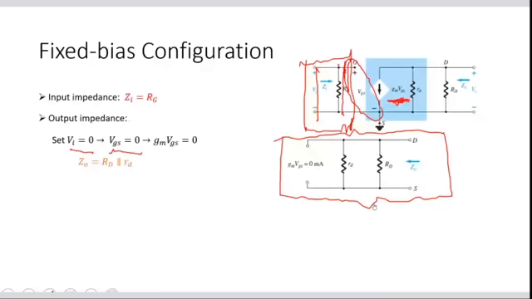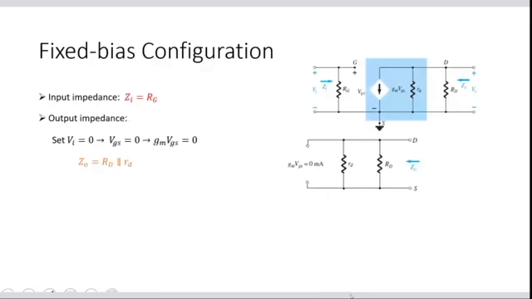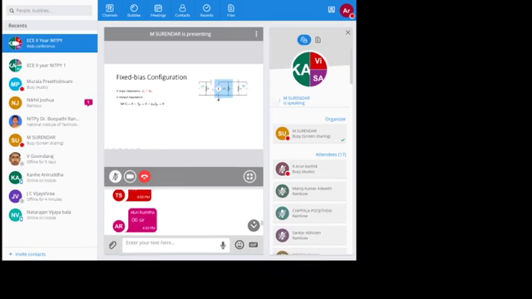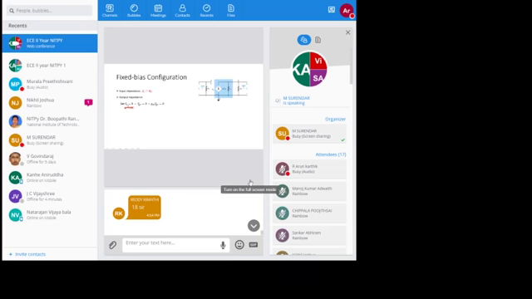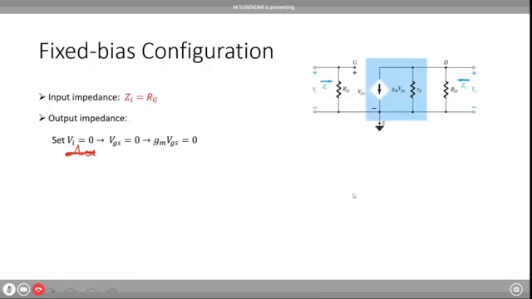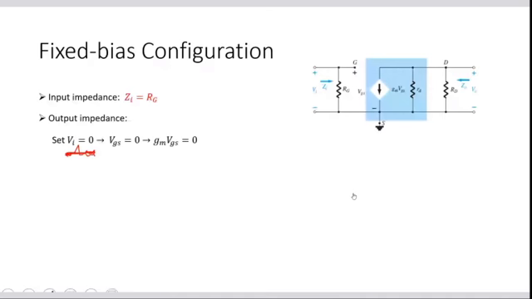So for finding the output impedance, make Vi equal to 0. This is universal for everything everywhere. We will put Vi equal to 0 for finding the output impedance, because we don't want to include the input while finding output impedance. Because Vi is equal to 0, this becomes short circuited, and because of this short circuit, VGS will be equal to 0, because the effective resistance is again a short circuit.